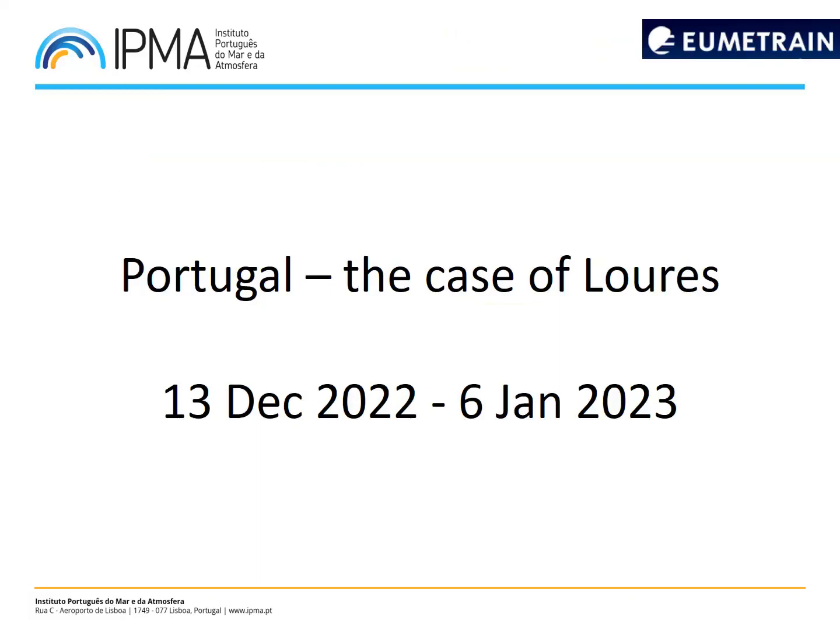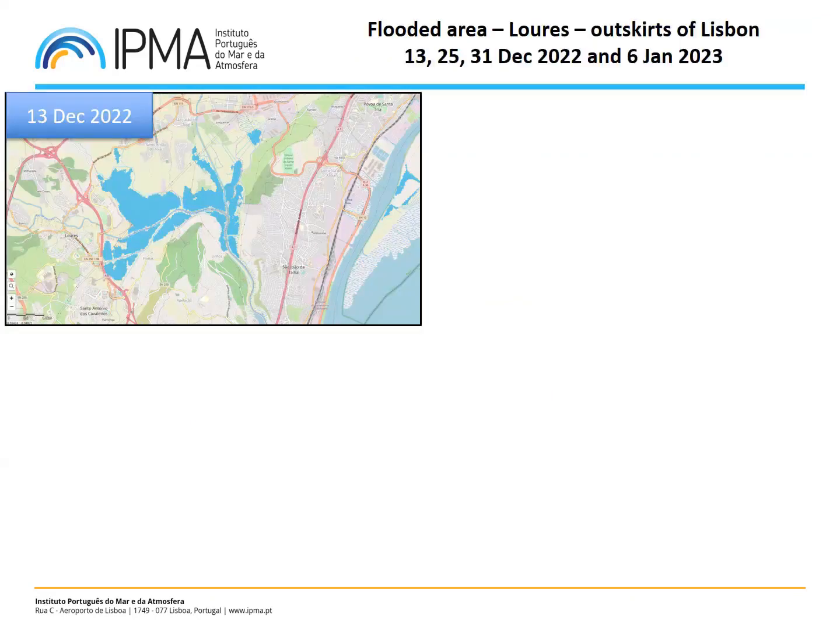I want to show you also now the case of Loures, that small part to the north of Lisbon. I will just show now 4 images. This is on the 13th, so I remind you that the precipitation events were on the 7th and then on the 13th in the early morning, and this is something that we could already observe.